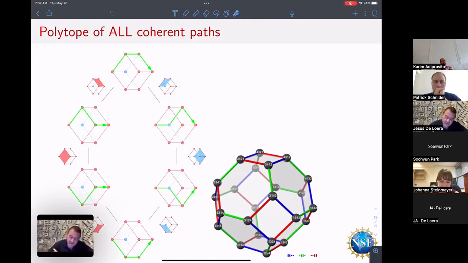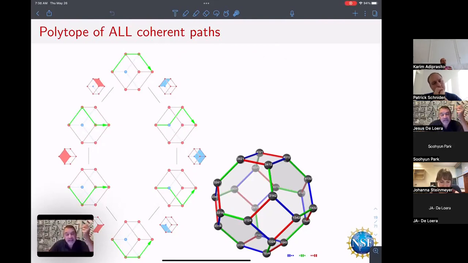So this is the 3-cube, right? I'm taking the 3-cube, and I'm showing you all the coherent monotone paths that go from this vertex to the optimum. So for example, there's this green path, or this green path, etc. And I'm showing you here that they have the structure of a hexagon.